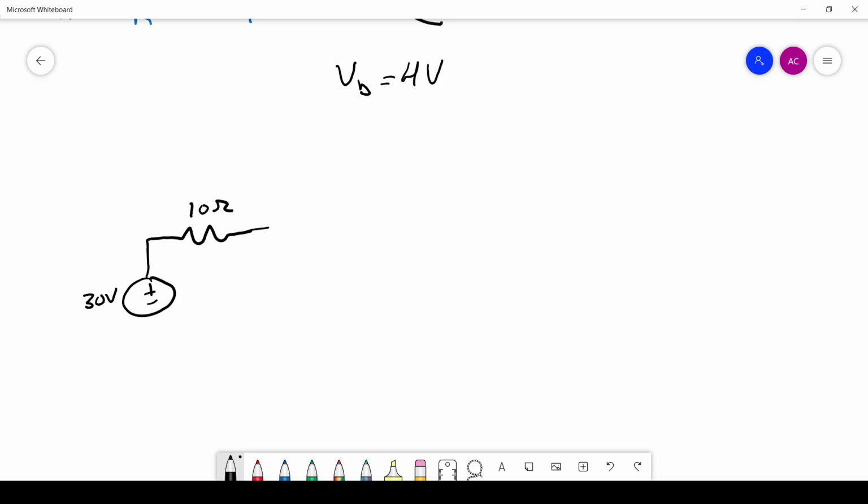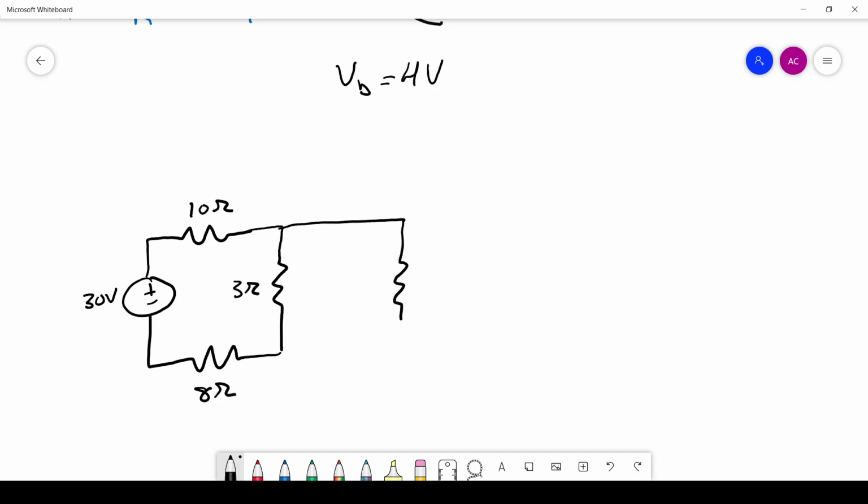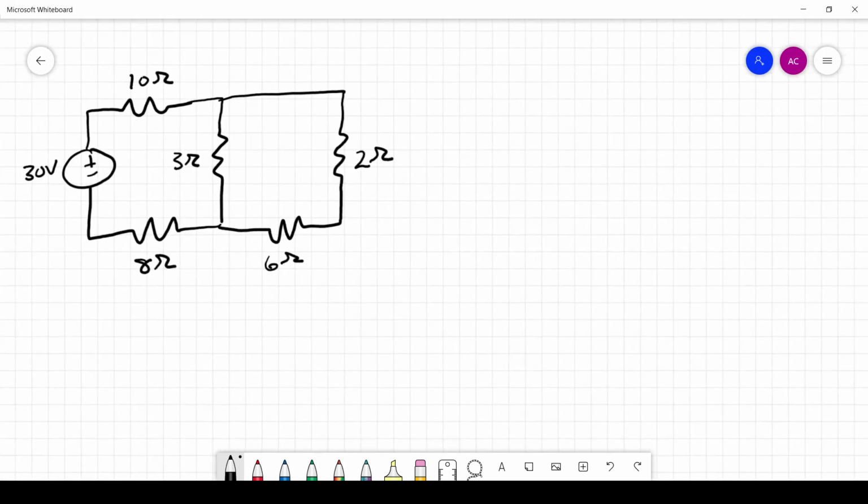We'll have one branch coming down here with a 3 ohm resistor, and then an 8 ohm resistor back to the source. Then over here, we can also have 2 resistors. This will be a 6 ohm resistor, and this will be a 2 ohm resistor.